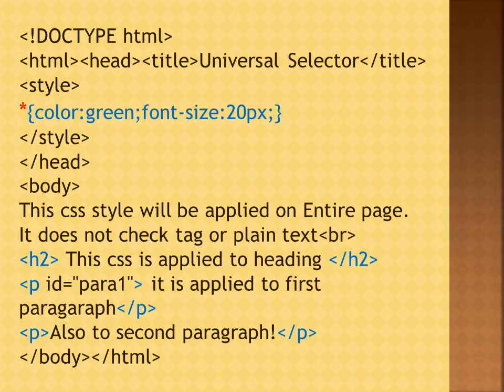Style tag open, then star with curly brackets, color green and font size 20 pixels. When you use this style, it is applied on each and every HTML element used by your web page. So all the HTML elements have color green and font size 20 pixels.